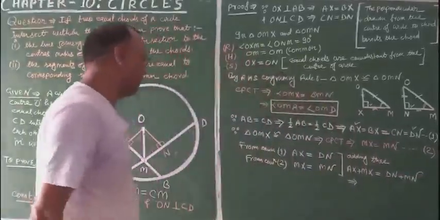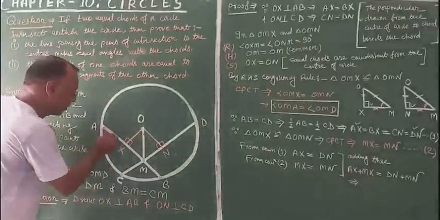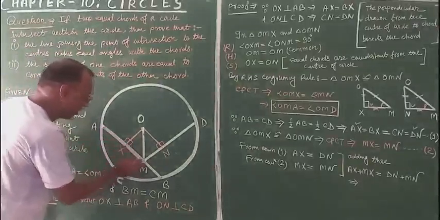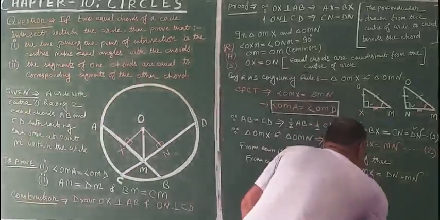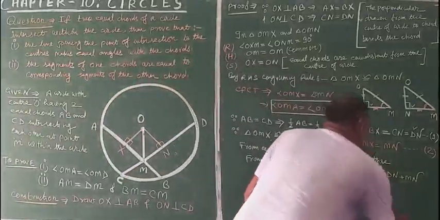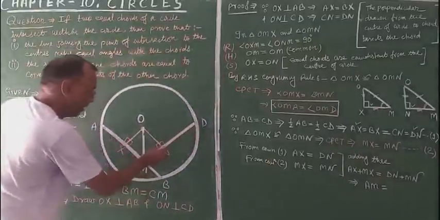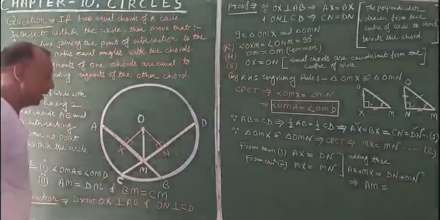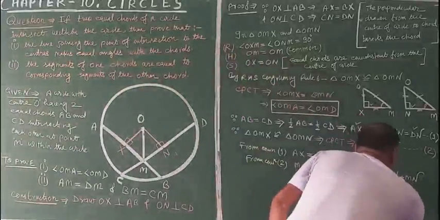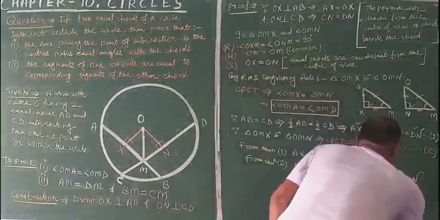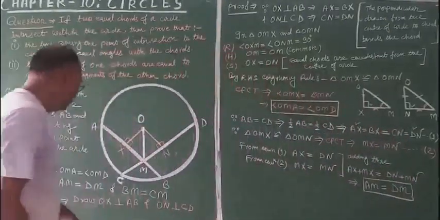AX plus MX, what is this whole name? AM. This is equal to DN plus MN. DN plus MN, this is what? DN. AM is equal to DN. Is it clear? And this was the proof of this.